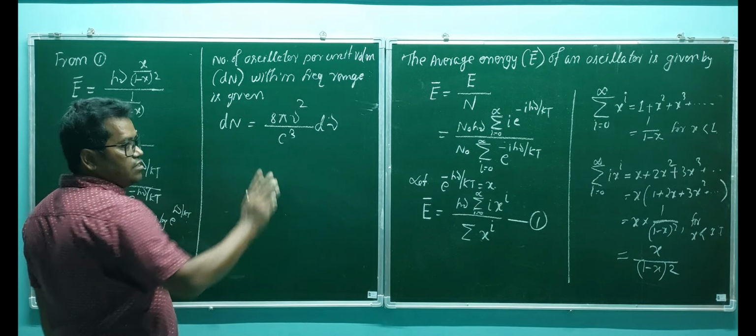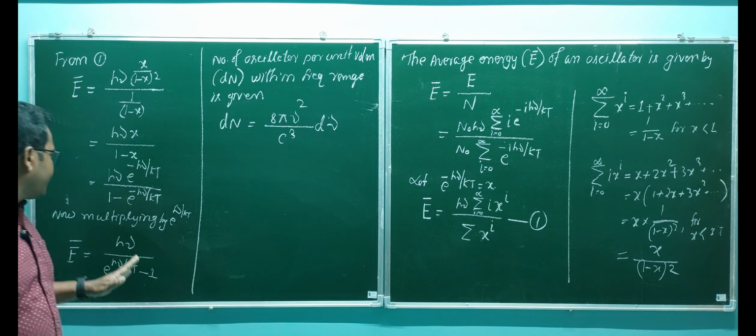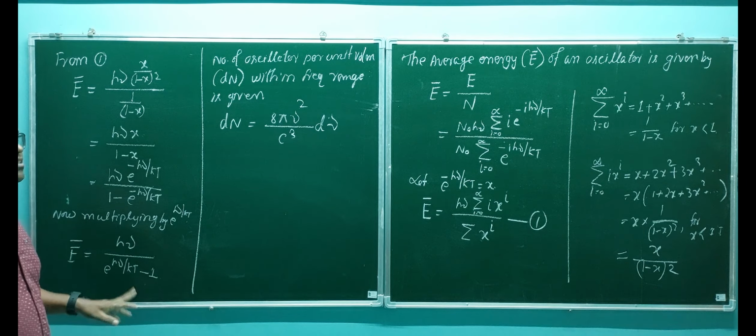So this is the number of oscillators per unit volume, and we also know the average energy of an oscillator.